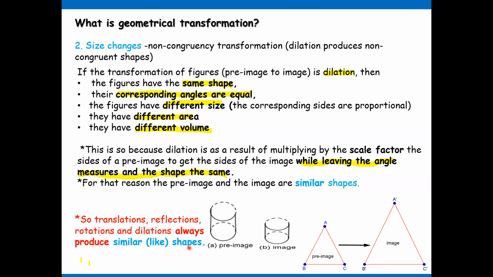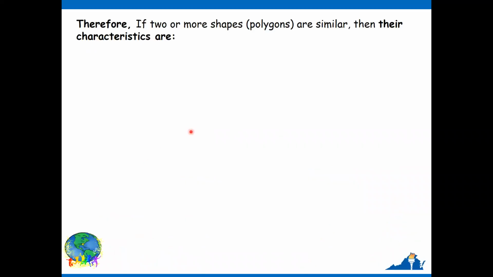This is why I was saying we are going to unpack the characteristics of similar figures or shapes from the geometrical transformation. Therefore, when we have arrived at this, then we can safely come up with the characteristics of similar figures.